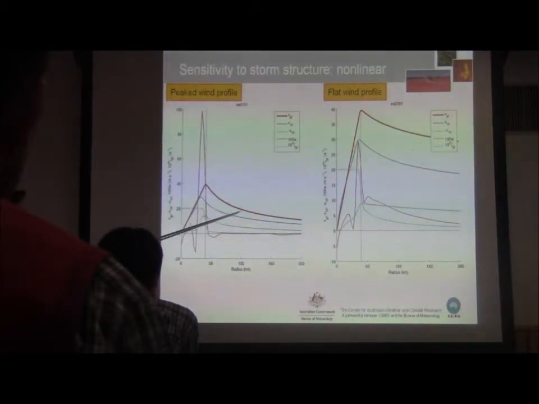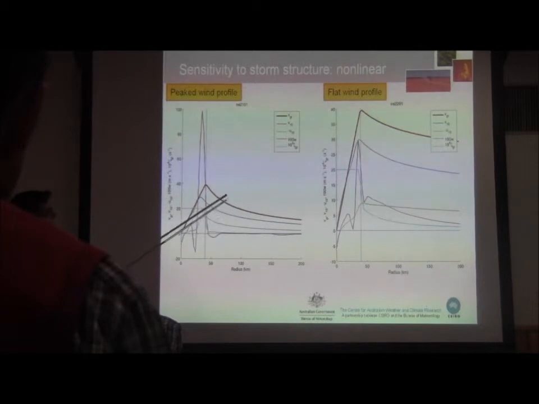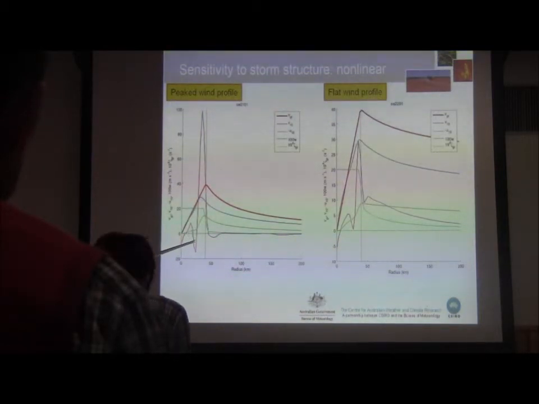So in this one, we are fairly close to a Rankine vortex, and in a Rankine vortex, we have zero vorticity except within the eye, whereas in tropical cyclones, we have a skirted vorticity extending out to large radius. The most dramatic difference, and these were calculated with the nonlinear model, I should say.